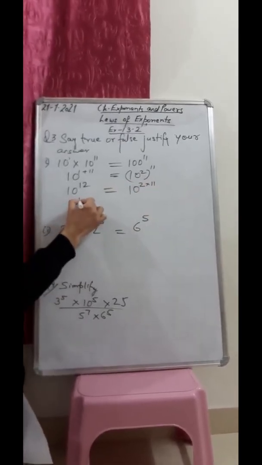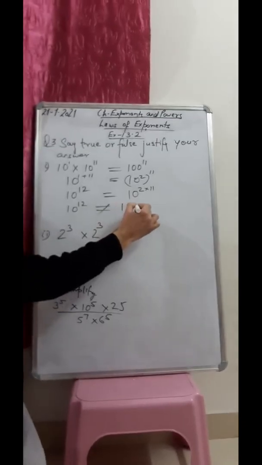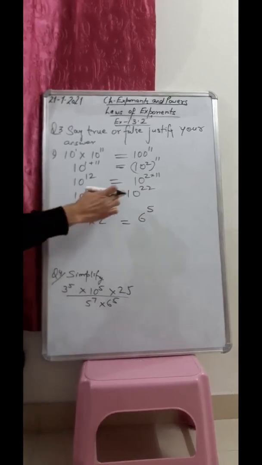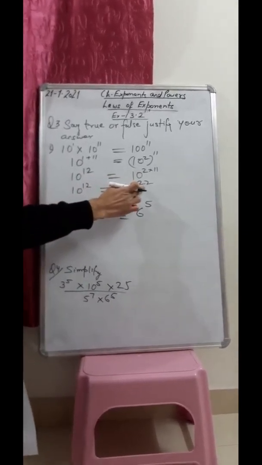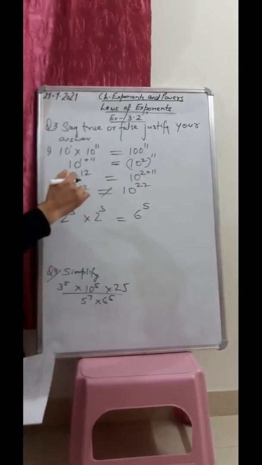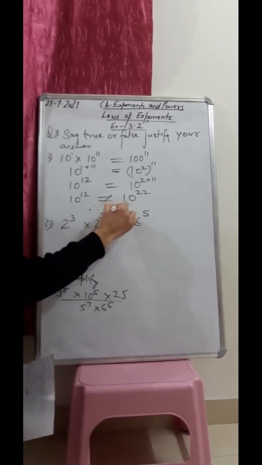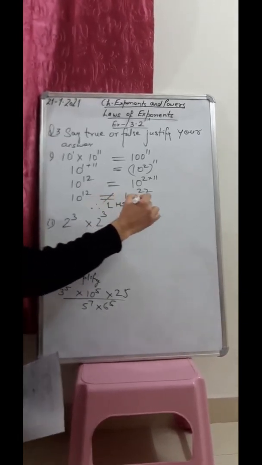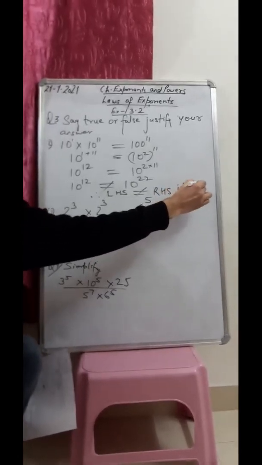That means 10 raised to power 12 is not equal to 10 raised to power 22, because here the base is the same but this has a greater power and this is 12. Therefore LHS is not equal to RHS, it is false.